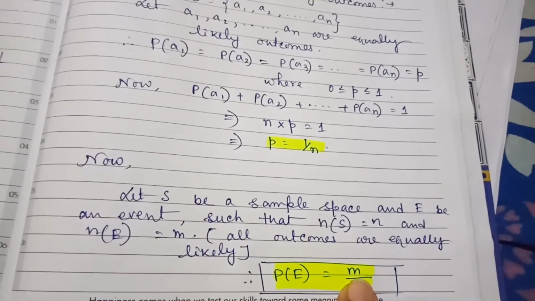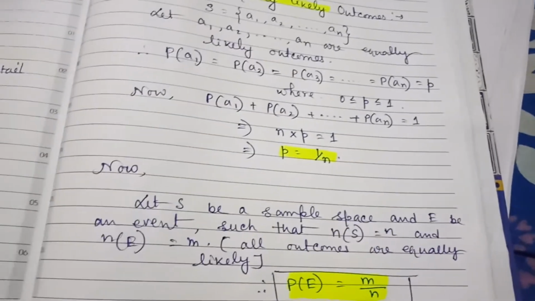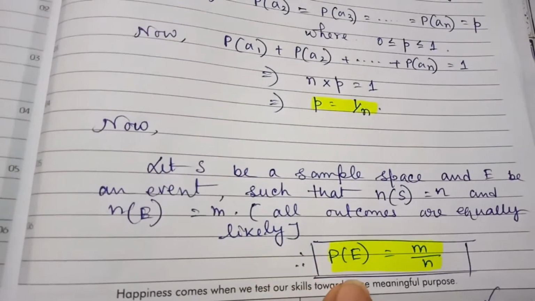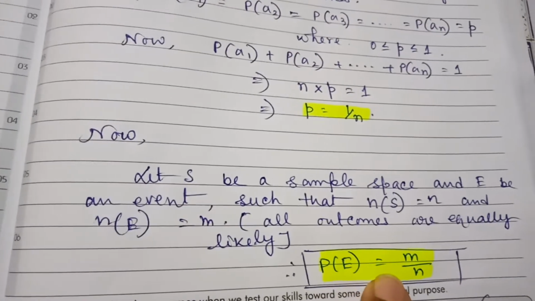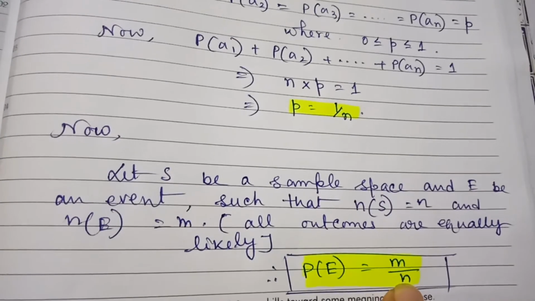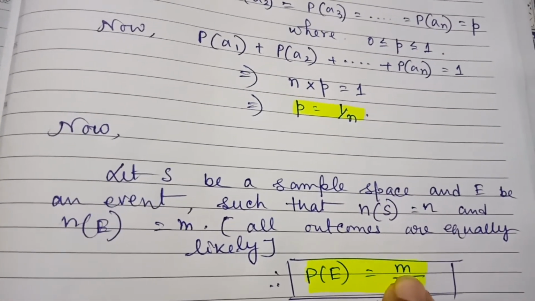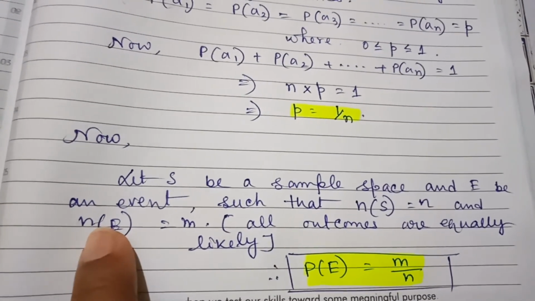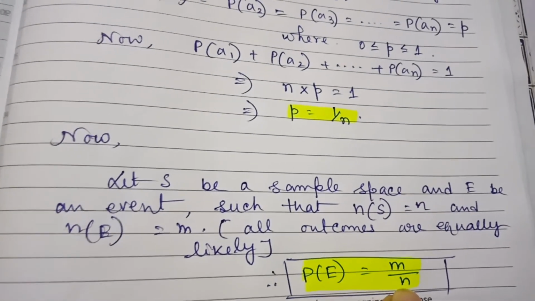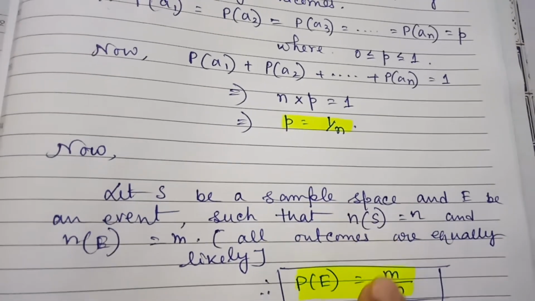Now what is M and what is N? You go back to your class 9 and class 10 probability concepts. You all know that the probability of an event is the number of favorable outcomes divided by the number of possible outcomes. Number of favorable outcomes means the number of elements in the event E, and number of possible outcomes means the number of elements in the sample space.